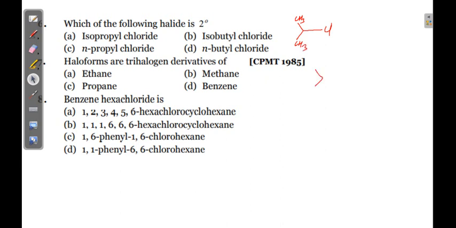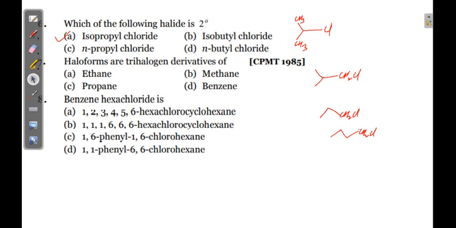Then n-propyl chloride. N means normal, there are no branches, like this, CH2Cl. Then n-butyl chloride, like this, CH2Cl. Here the question asks for secondary. Secondary means the first one only, isopropyl. Remaining all are primary only. So 6th is A.